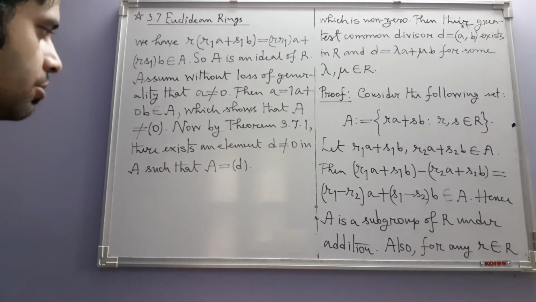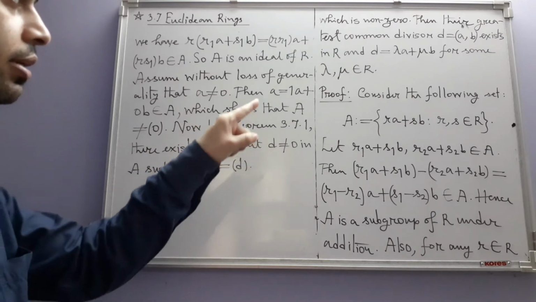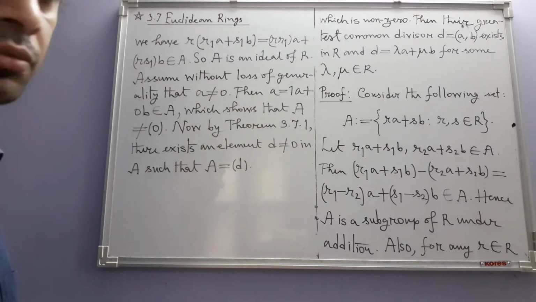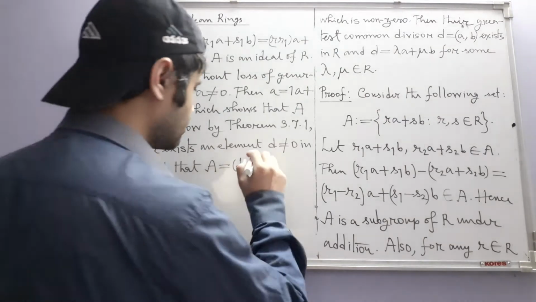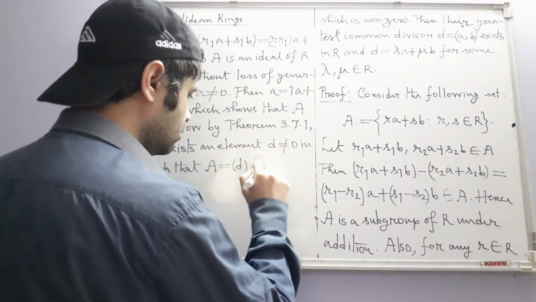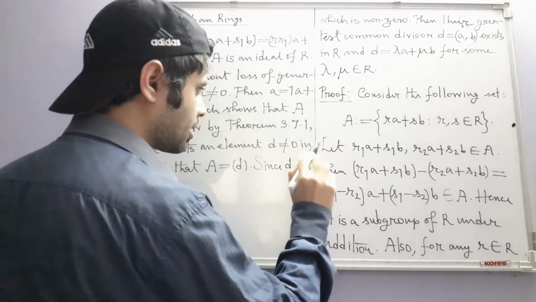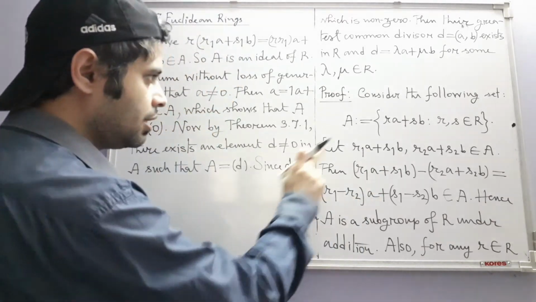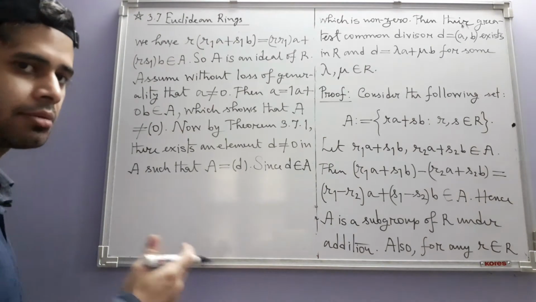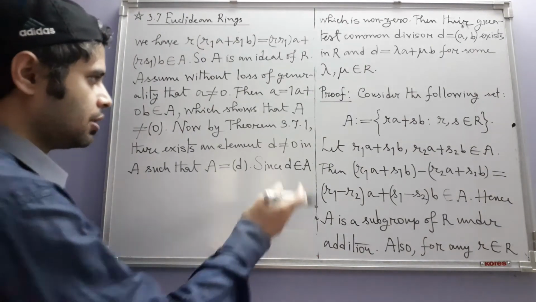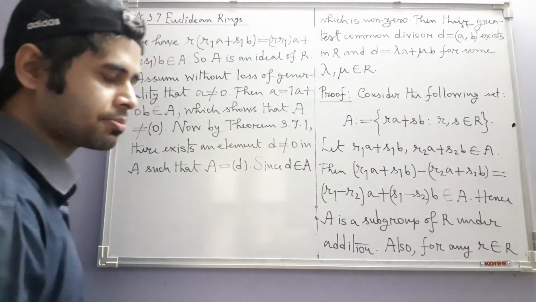We will now show that this D is actually a greatest common divisor of A and B. Okay, since D belongs to A, according to the definition of A, D will also be of this form for some R and S, which we will take to be lambda and mu respectively.